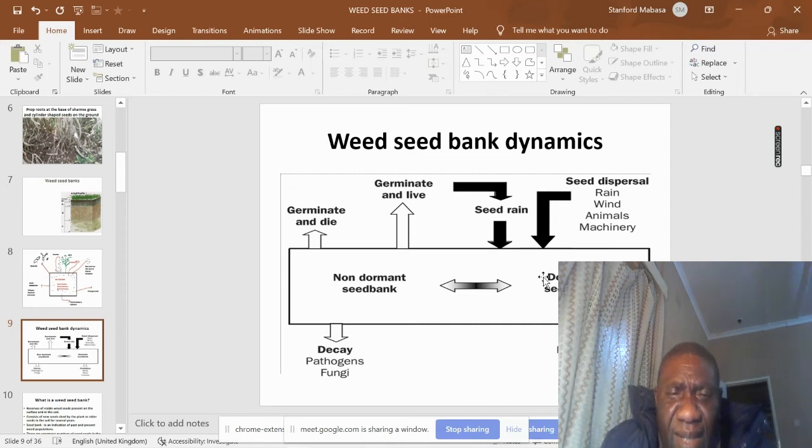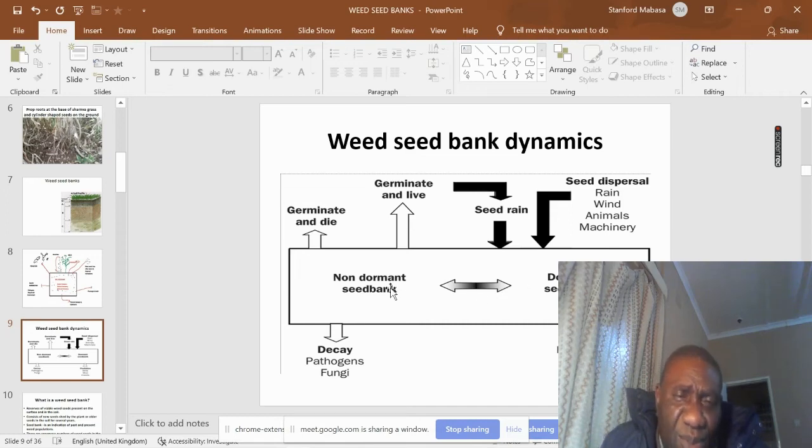Now let us look at processes within the seed bank. We have non-dormant seeds which are ready to germinate. We also have dormant weed seeds which are not ready to germinate.